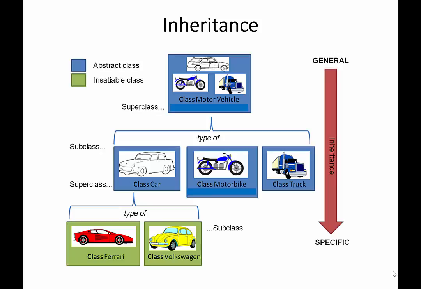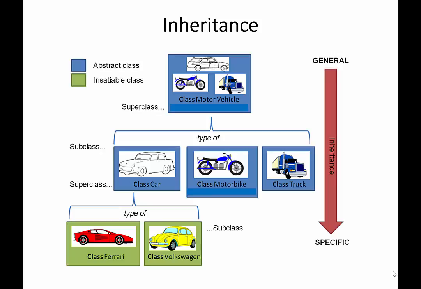Okay, we could spend hours discussing what the appropriate subclasses of motor vehicle might be, but in this case, we've got these three. And we've got another subclass of class car, which in this case are class Ferrari and class Volkswagen. So we can see that motor vehicle is a superclass of these three. Car is a superclass of Ferrari and Volkswagen. These two are subclasses of car.